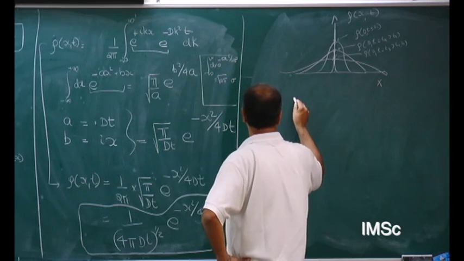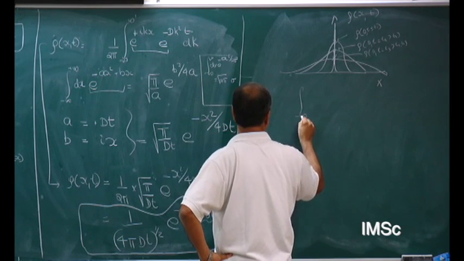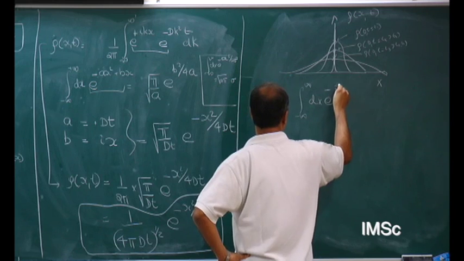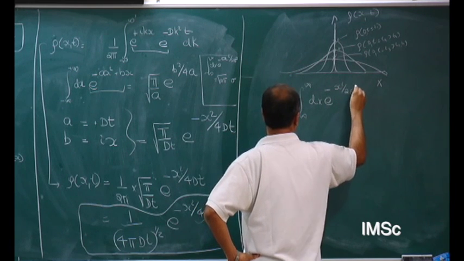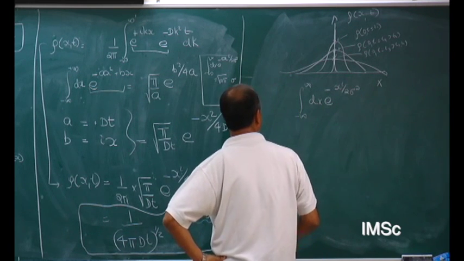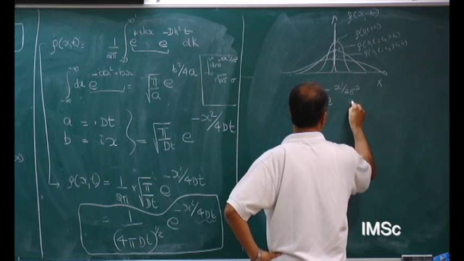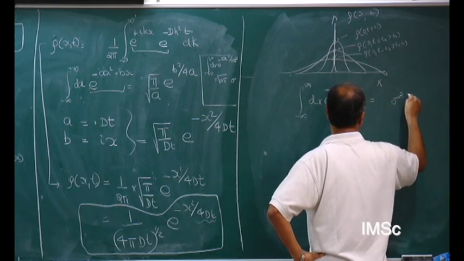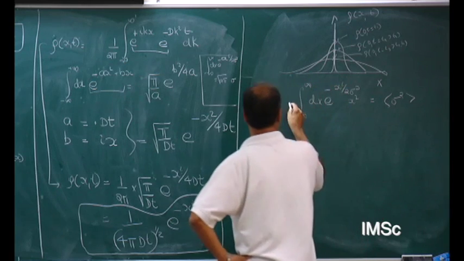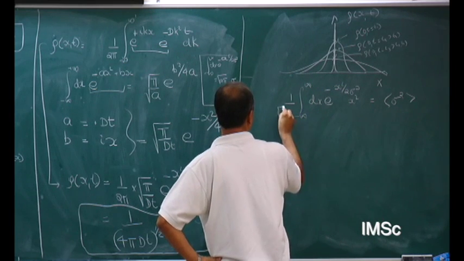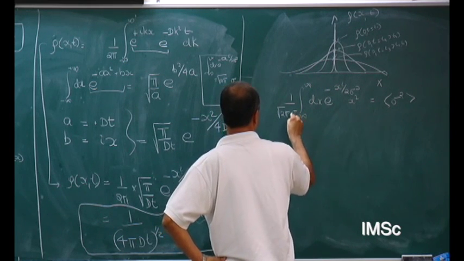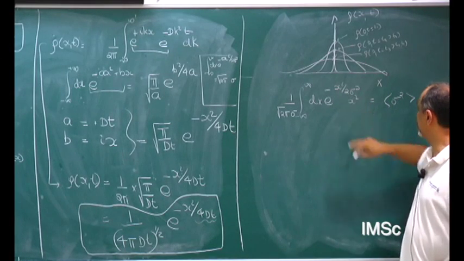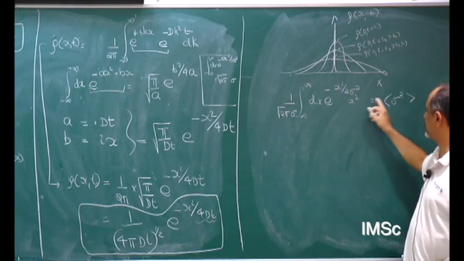Because I know that if I take a normalized Gaussian, integral from minus infinity to infinity dx e to the power minus x squared over 2 sigma squared, and look at the value of x squared here, this quantity is basically sigma squared. And I should of course properly normalize it by putting 1 over square root of 2 pi times sigma. Okay? So just reasoning from this, the average value of x squared is sigma squared.